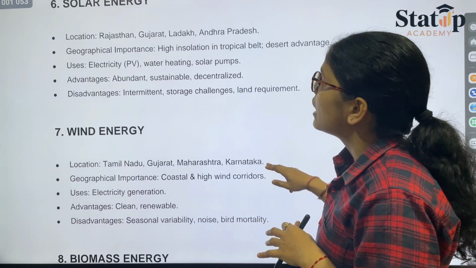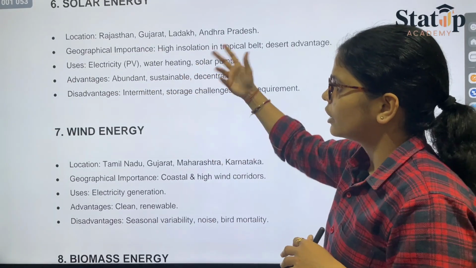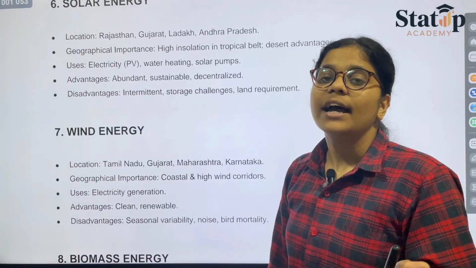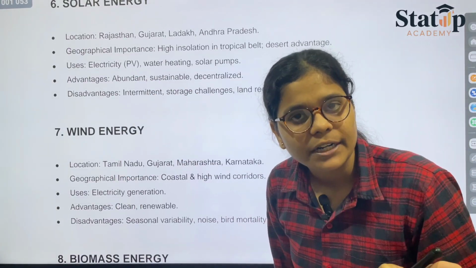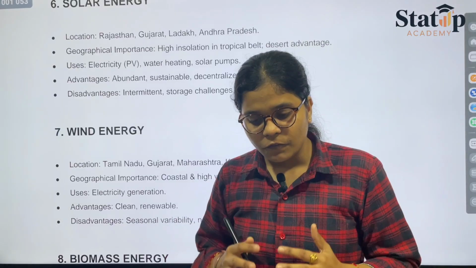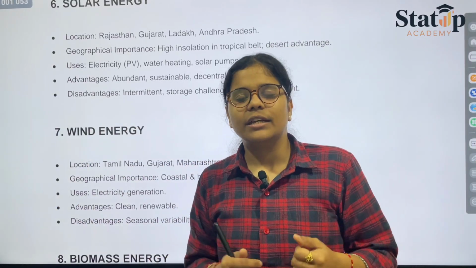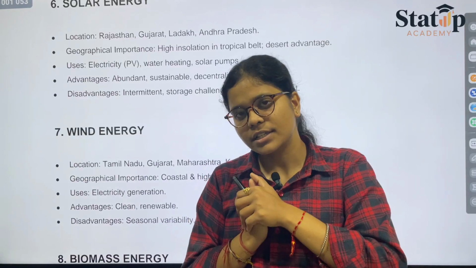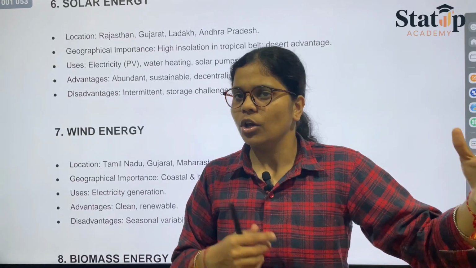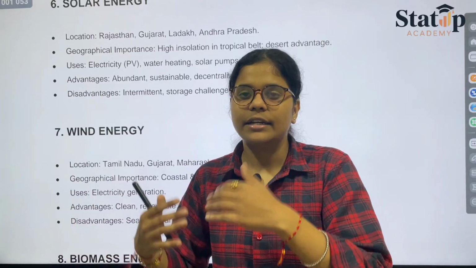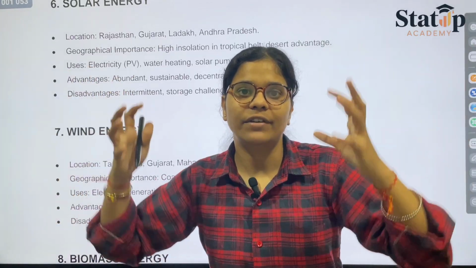Then uses, again, you must all be aware of the uses and advantages. One of the great advantages is that it is sustainable and it is abundant. Sustainable refers to if we are using it, other communities are not affected. Have you ever seen that if you are using the sunlight, the others cannot use it? No. If we are drying our clothes in the sun, it doesn't mean that our neighbors cannot, because we have entrapped all the sun.